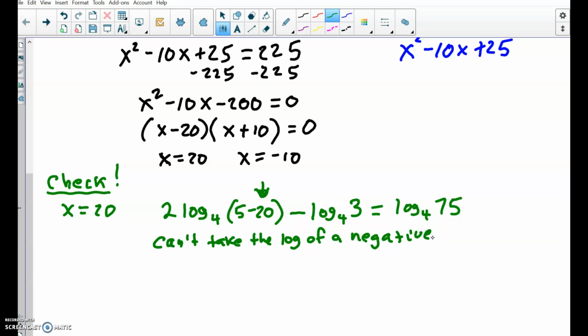Negatives are not in the domain for a logarithm. So can't take the log of a negative. So that means x is equal to 20 is not a solution.